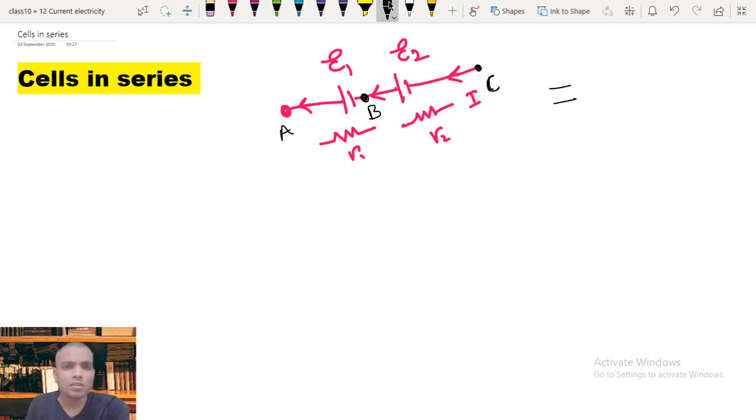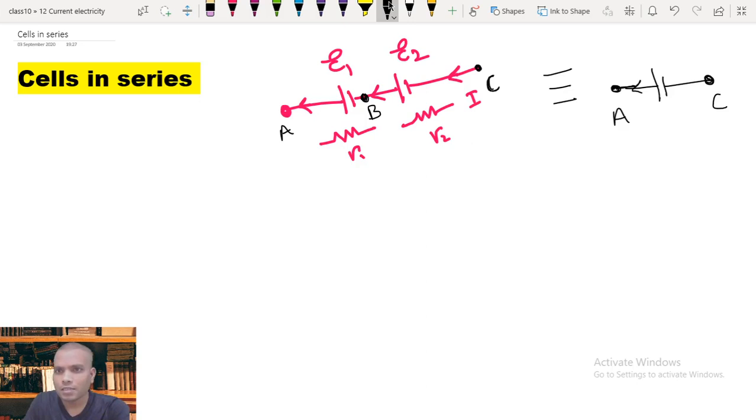When two cells are connected in series, obviously it becomes another cell. So instead of drawing two cells, I would like to draw an equivalent circuit. This looks exactly the same as this. This is the symbol of a cell, with two end points, the starting point and ending point A and C.